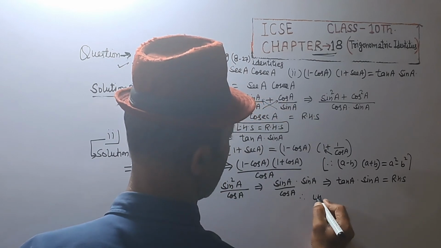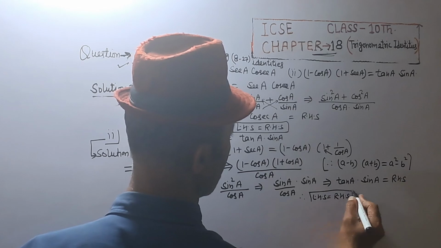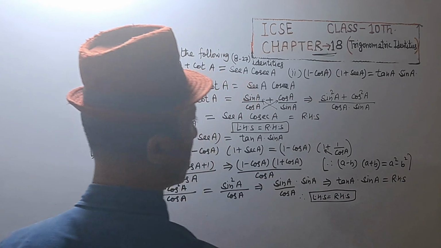So left hand side is equal to right hand side. Answer.